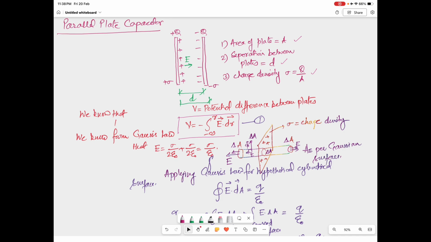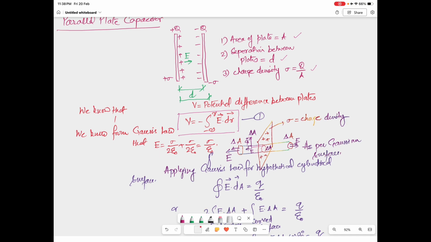The two ends will have E and the area vector in the same direction, so the angle between E and the area vector is 0 degree, whereas on the curved surface the area vector is 90 degree to E, but cos 90 degree is 0. So the curved surface is not going to contribute to the electric flux, and only the two end surfaces have an effect on the electric flux.